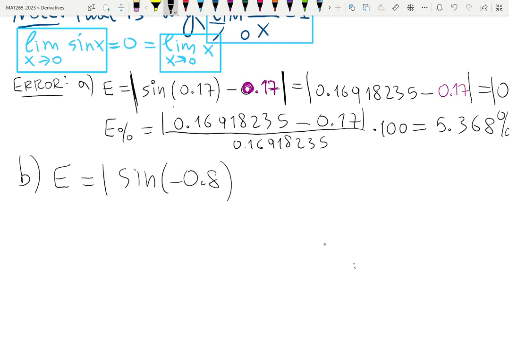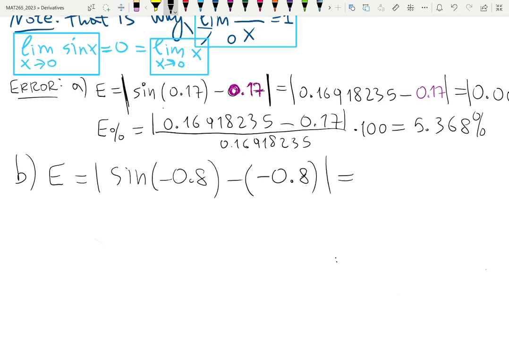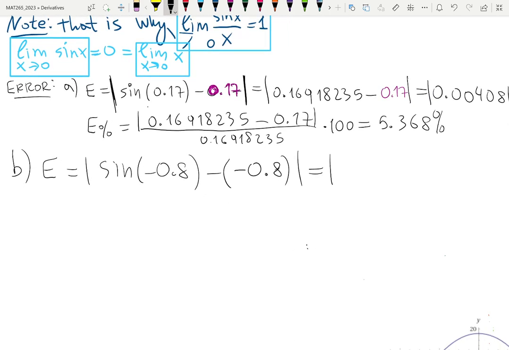Minus 0.8 minus parentheses minus 0.8 bar. And either you do this one or you do percentage-wise. And if you use a calculator or technology you have, again, it's not an exact answer for sine. That is just the best answer you can have.